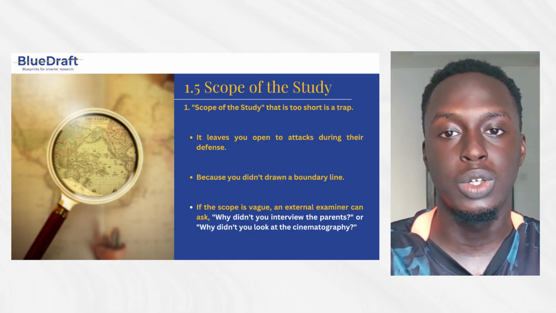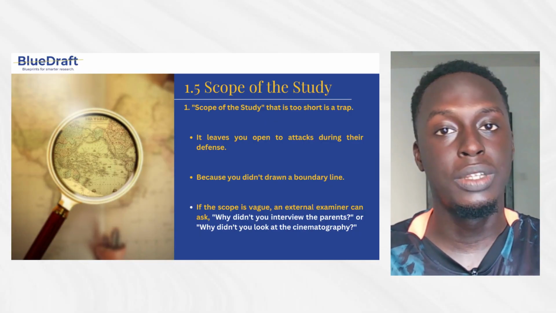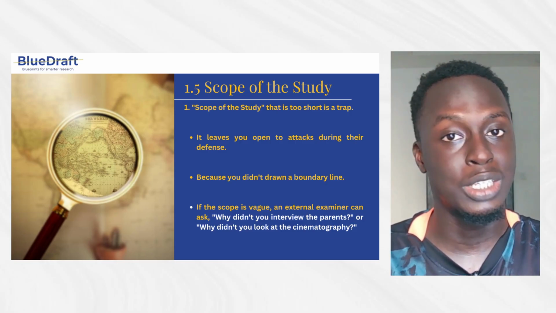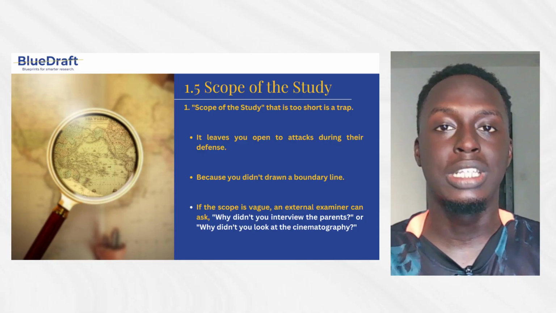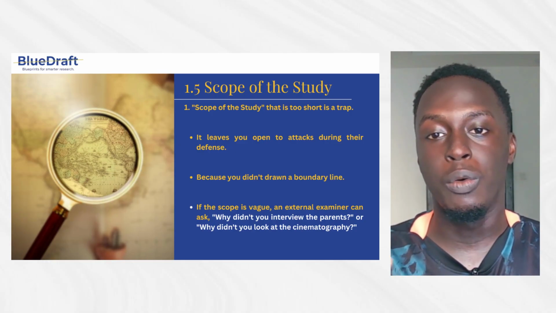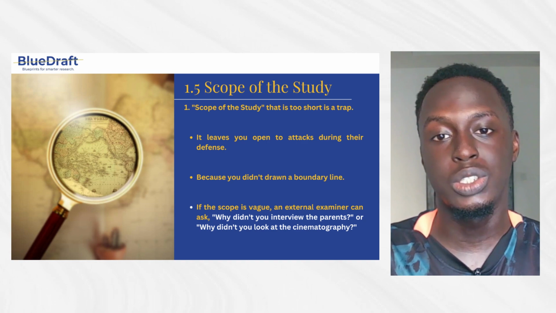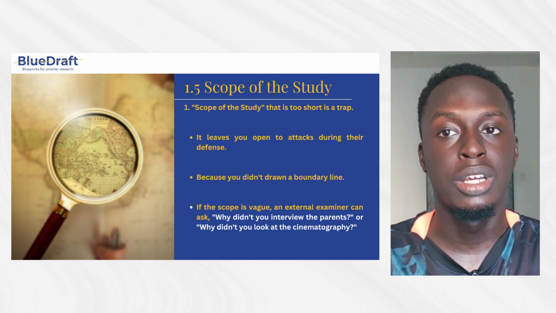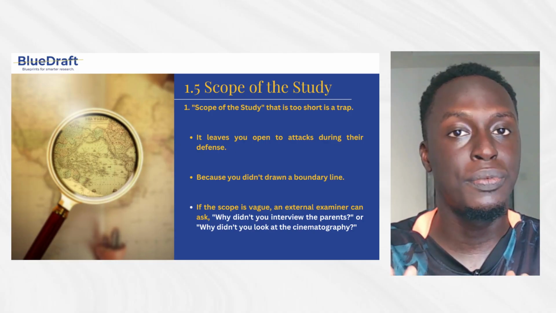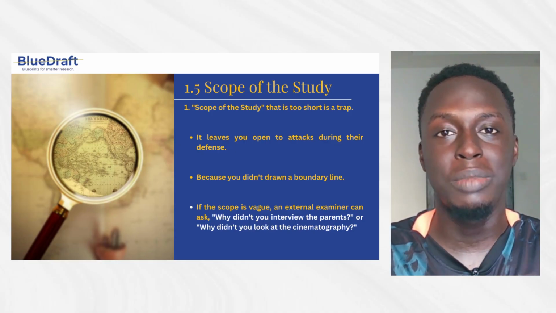So your scope of study is actually very short, and it's like a trap, because you're leaving the research open for attacks when you're defending. Hear me out: the old version of what you said is that you're checking out the influence on the movie, and that is too broad, because the influence on what exactly in the movie? Are we looking at the scripts, the filming, the cinematography, the lighting, the camera angles?